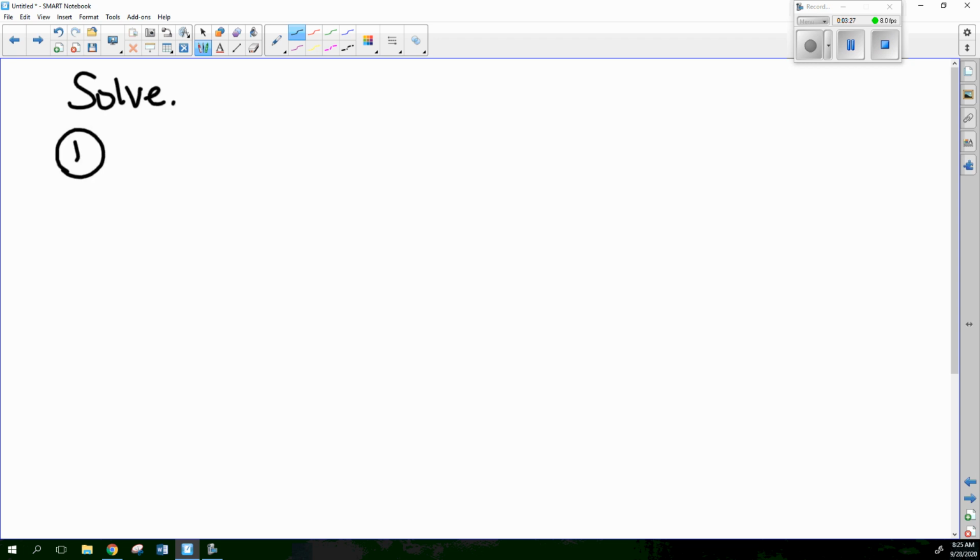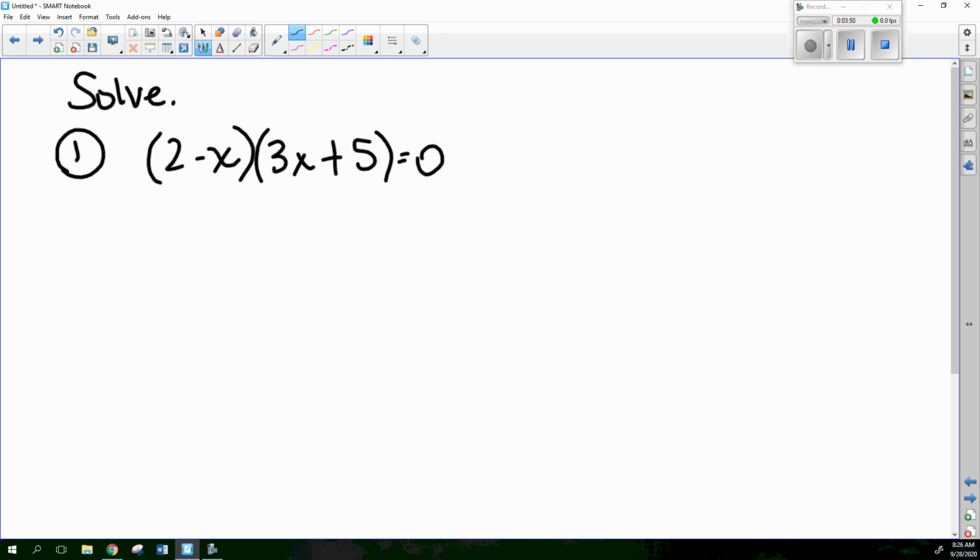And so for my first problem, I'm going to actually already give you the factors. So this is a quadratic equation because if I FOILed it together, my highest power would be x squared.